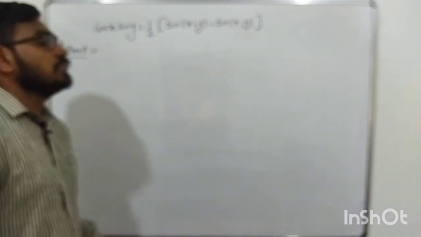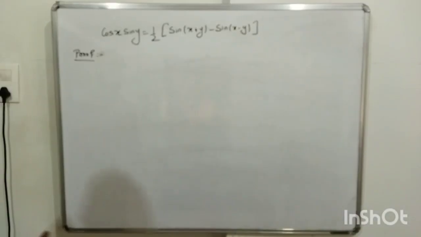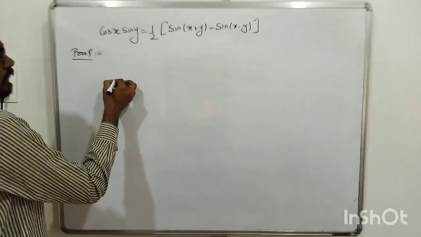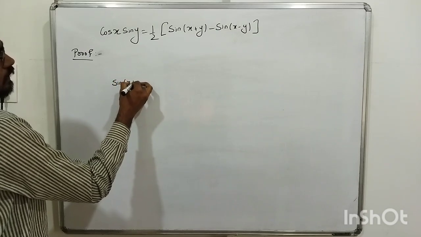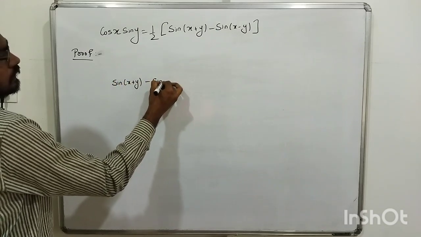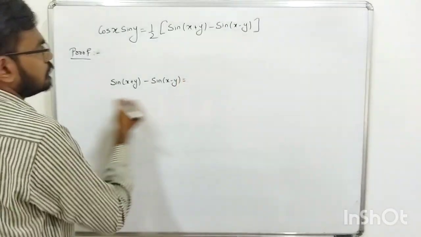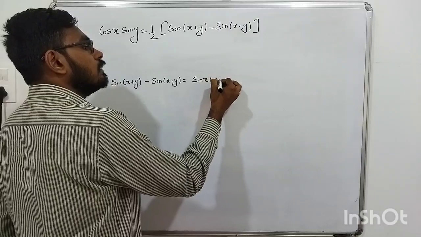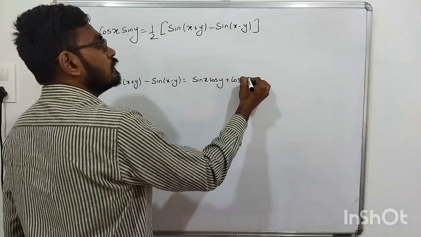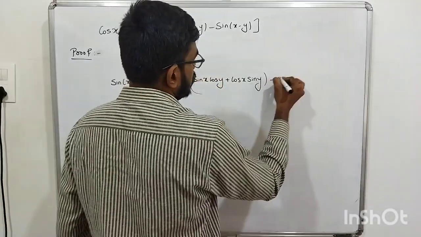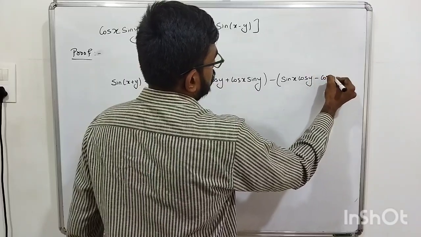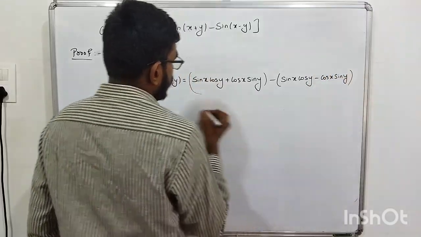Now how do we simplify this? First, just write sin of x plus y minus sin of x minus y. What is sin of x plus y, as you saw previously? Sin x cos y plus cos x sin y. Then bracket minus sin x cos y minus cos x sin y. After we remove the bracket, what do we get?